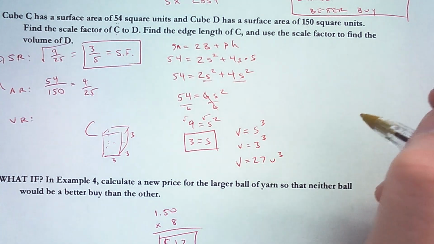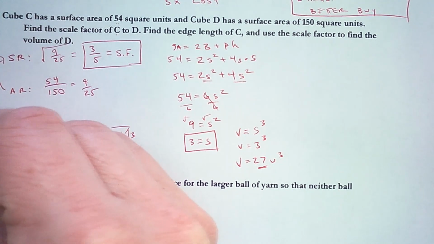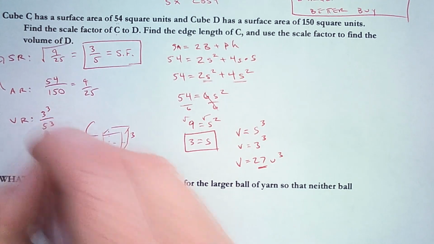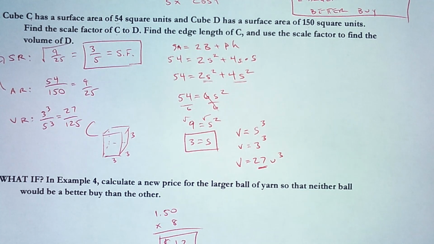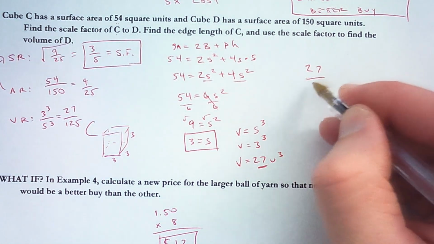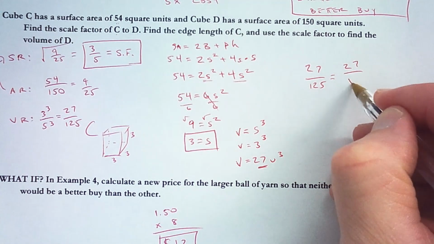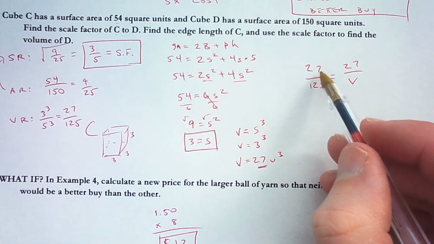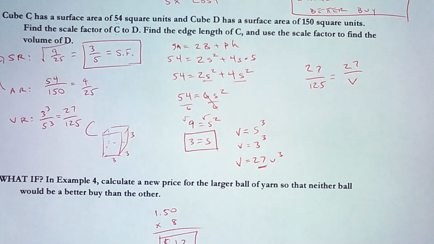Okay, so I can find the volume of D using that volume and the volume ratio. So I'll take that similarity ratio and cube it. So that's 3 cubed over 5 cubed. So that's 27 over 125. So the volume ratio, 27, is to 125, as the smaller volume, 27, is to the larger volume, V. Okay, now I could just solve this in my head here. 27 over 125 equals 27 over what?